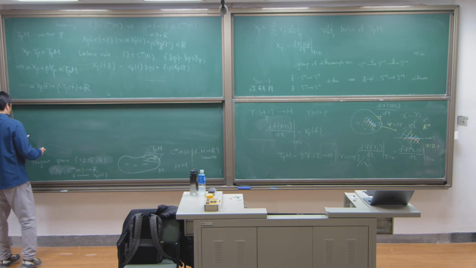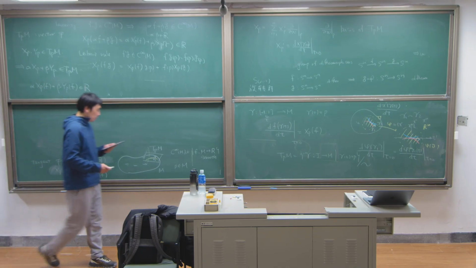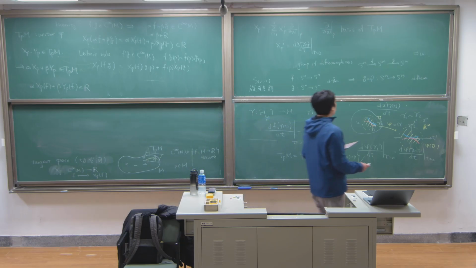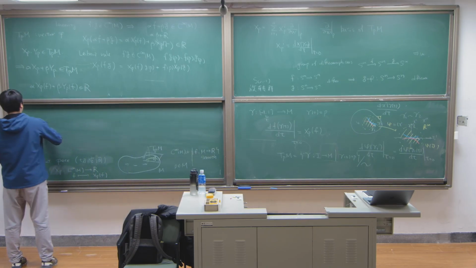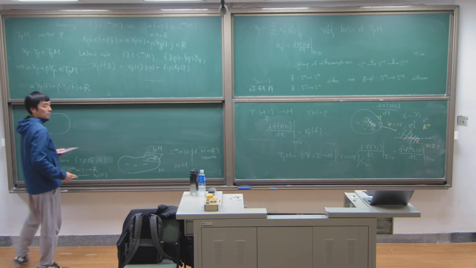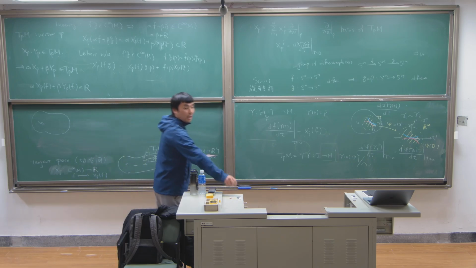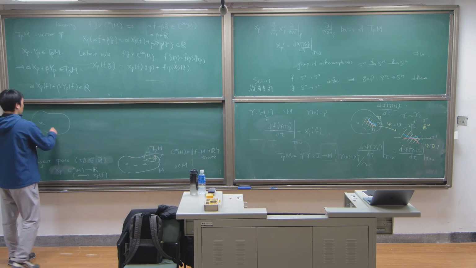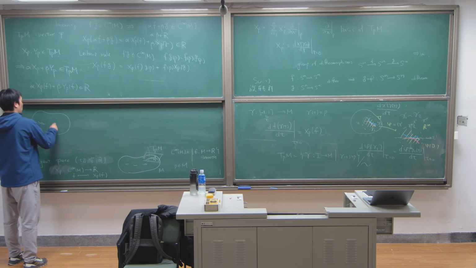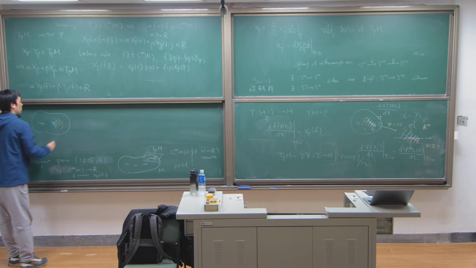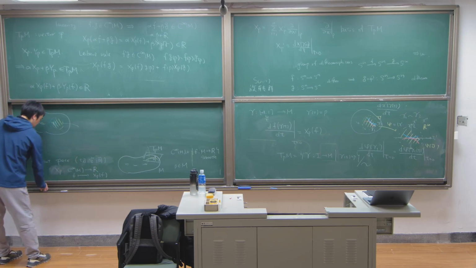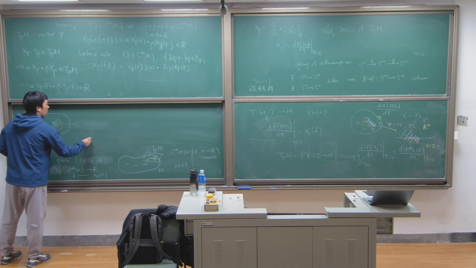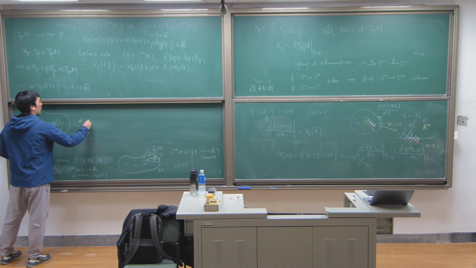And if you have a different open chart, for instance, suppose you have yellow and blue. The yellow is mapped by x, which I call x1 to xn.